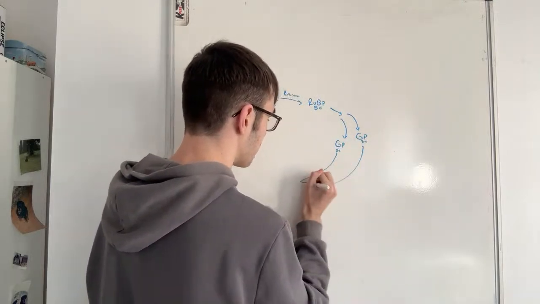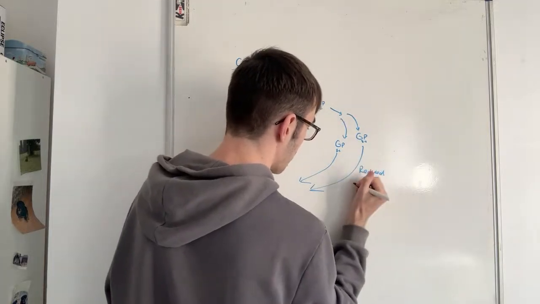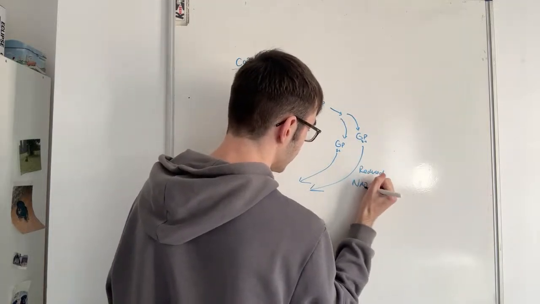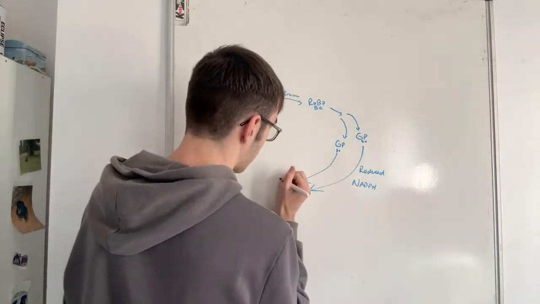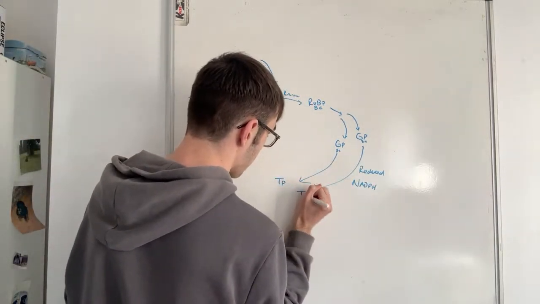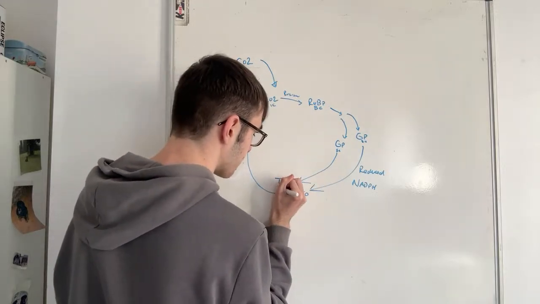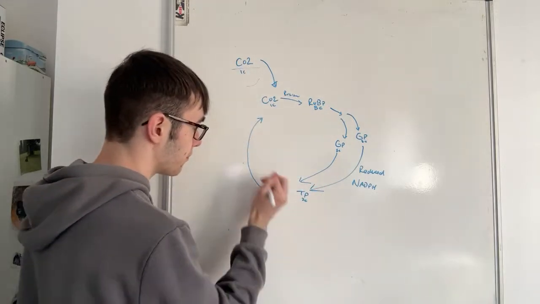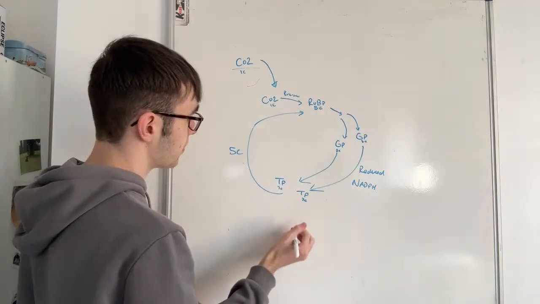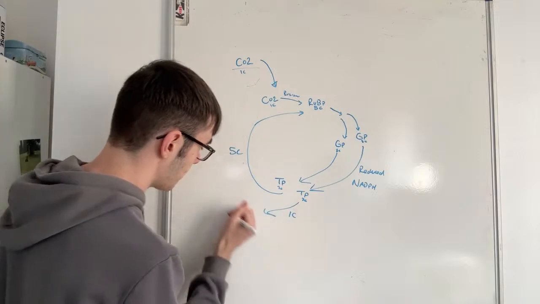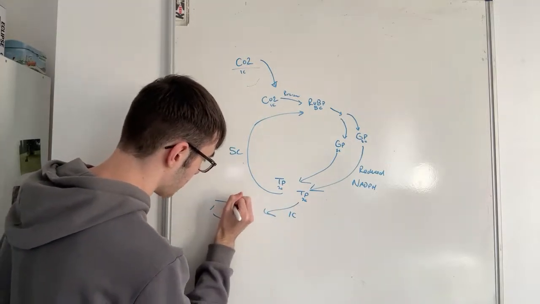From there, these are reduced by NADPH, reduced NADPH, which gives you triose phosphate. And from there, 5 carbon is obviously going to go right back as RuBP, but 1 carbon is going to be used to assemble a pentose sugar.